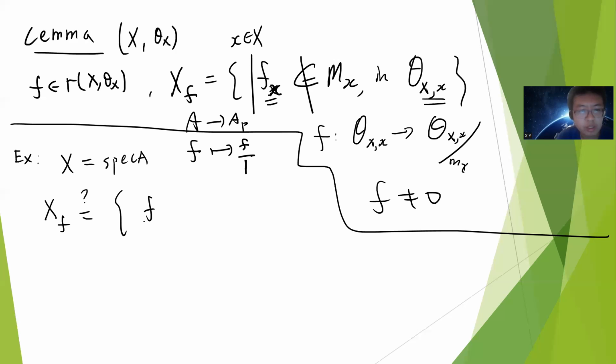So you are just saying that f divided by 1 does not belong to the maximal ideal, which is PA_P.